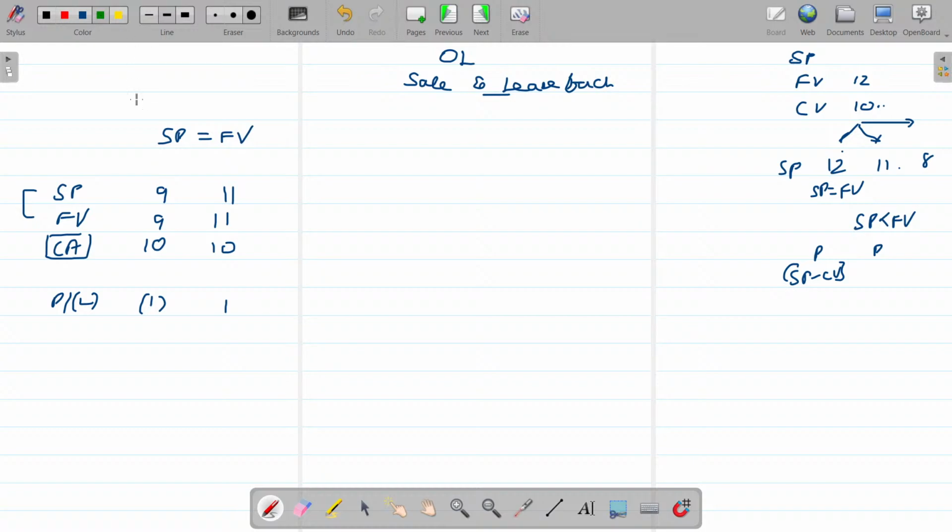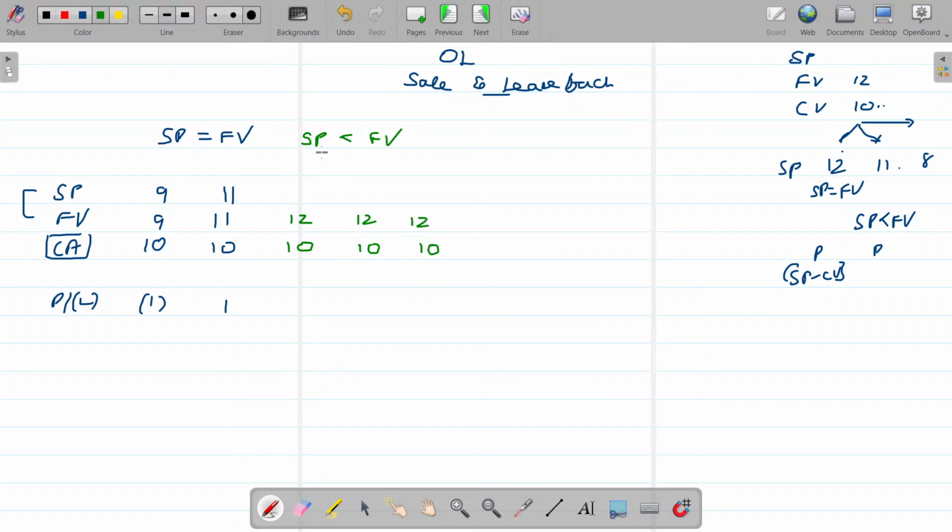Now, if the sale price is less than fair value, I assume that the fair value in all the scenarios is equal. Three scenarios I am going to discuss. 10, 10, 10. But the fair value being 12.